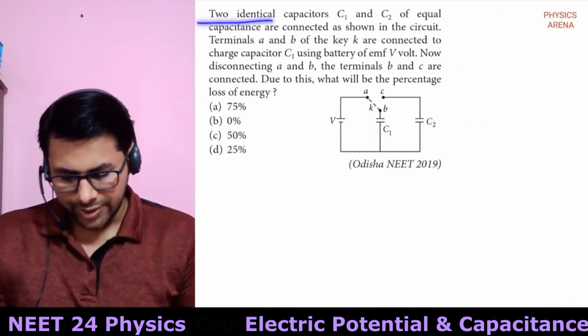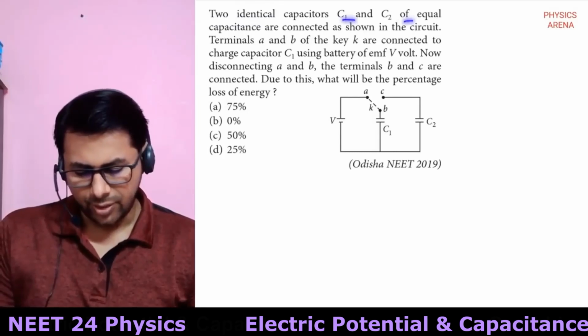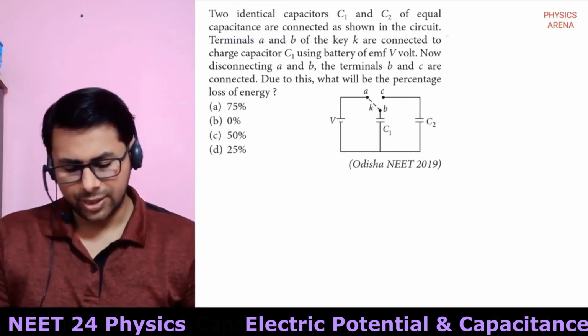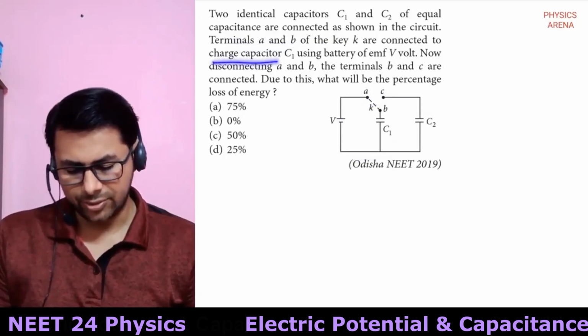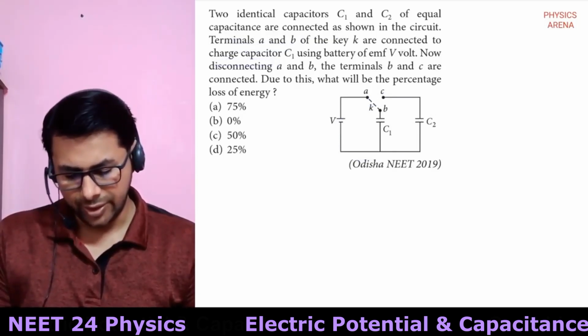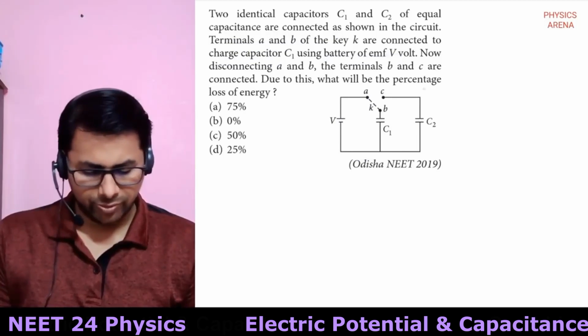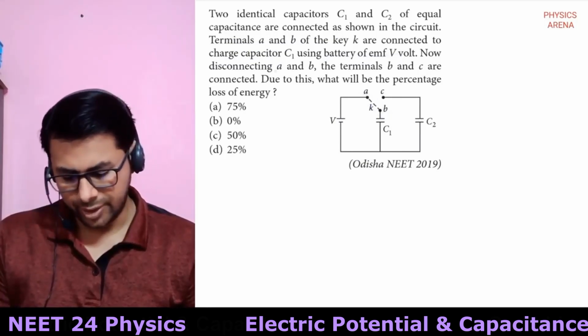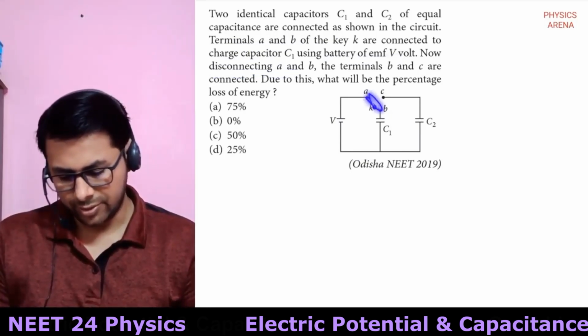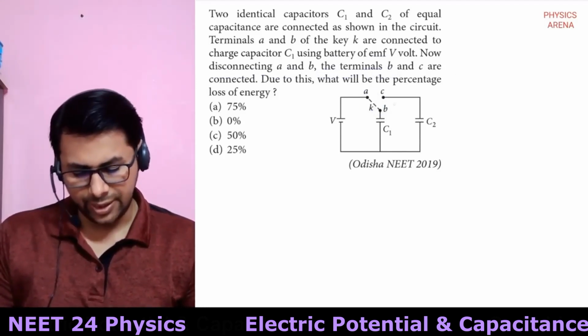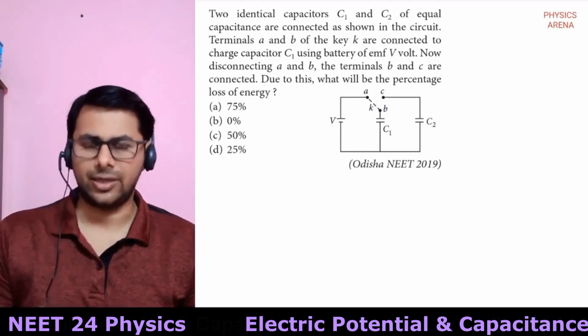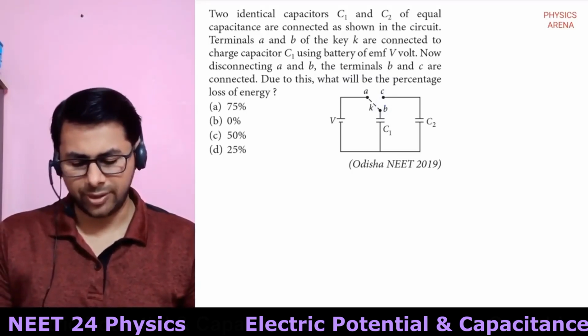Let's see the next one. Two identical capacitors C1 and C2 of equal capacitance are connected as shown in the circuit. Terminals A and B of the key are connected to charge capacitance C1 using a battery of EMF V volt. Now disconnecting A and B, you can disconnect this key, and the terminals B and C are connected. Now these two are connected. So once again you are doing the same thing.